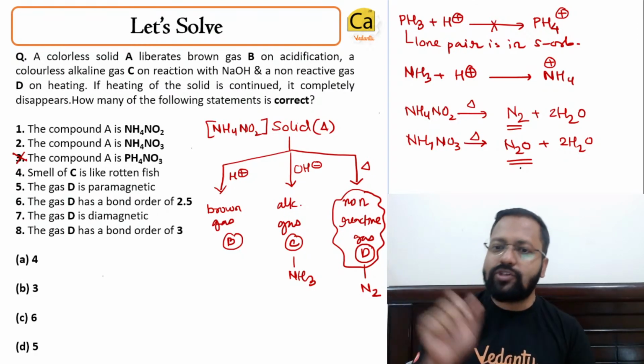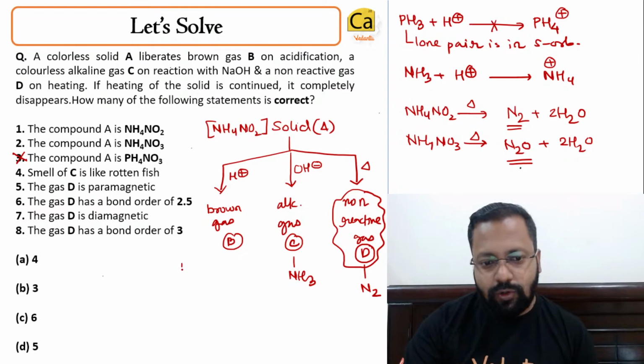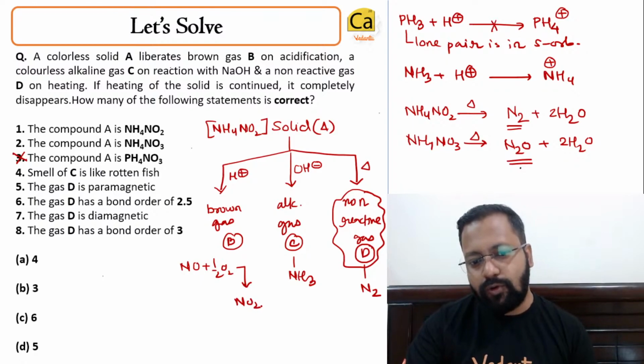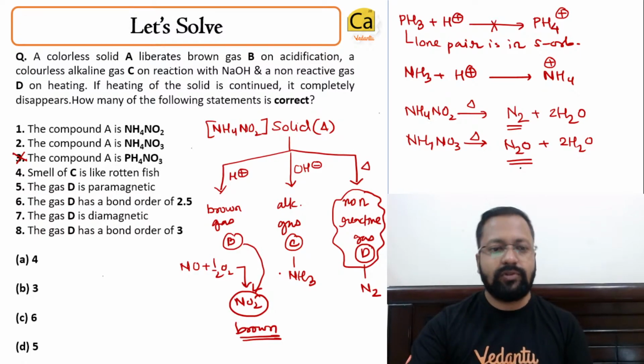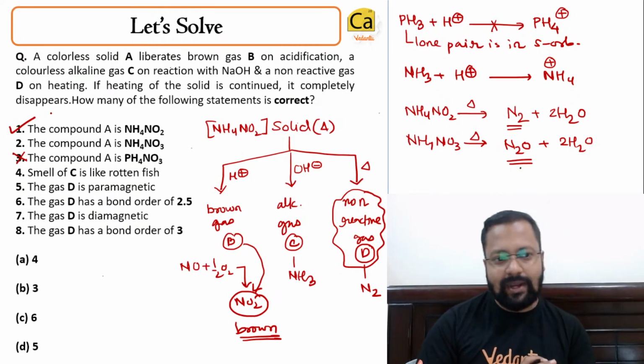So NO is obtained. NO undergoes aerial oxidation to give NO2. NO plus half O2 gives NO2. This is brown in color. So ये B हो गया आपका NO2. So our first statement is correct.